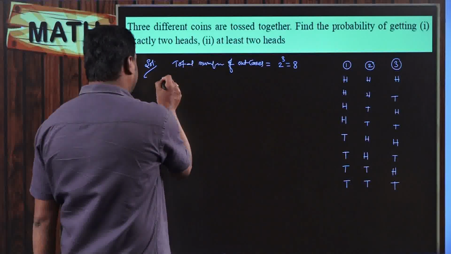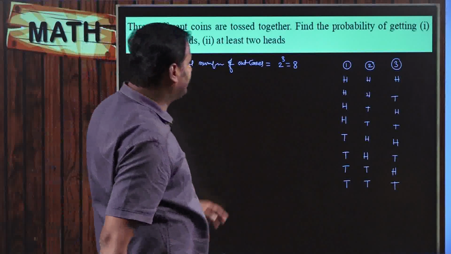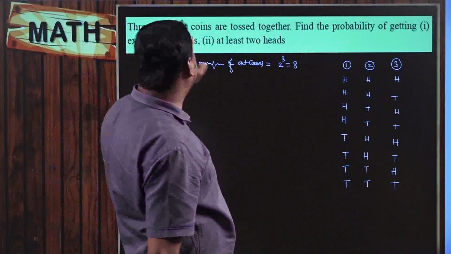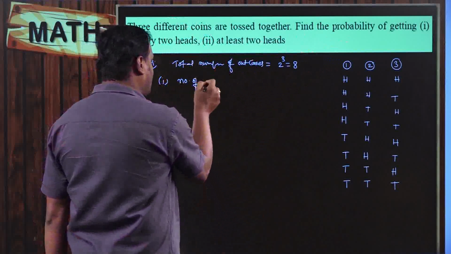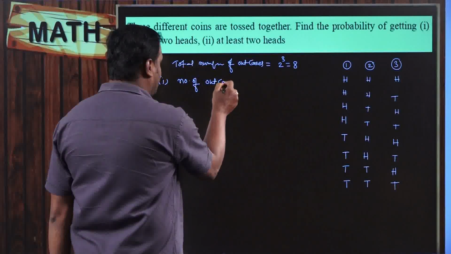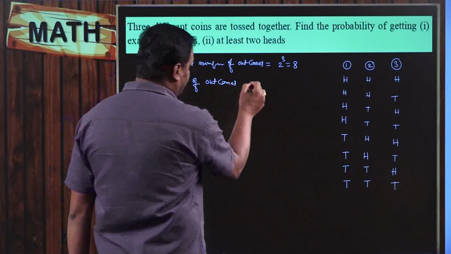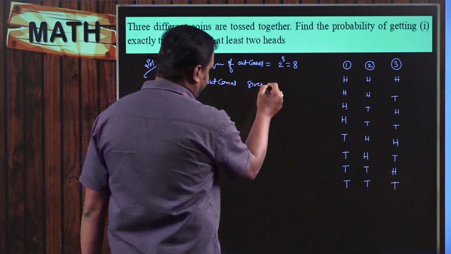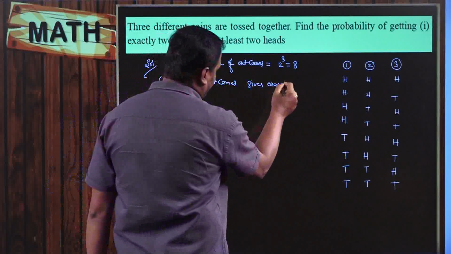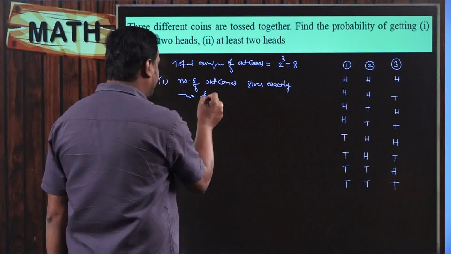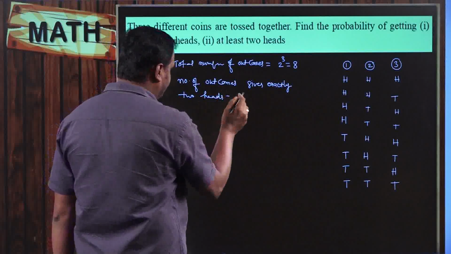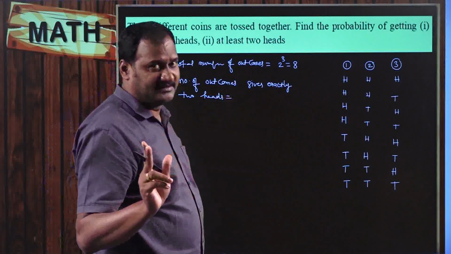See, according to the first information, what is that? Probability of getting exactly 2 heads. Number of outcomes that give exactly 2 heads. Understand?